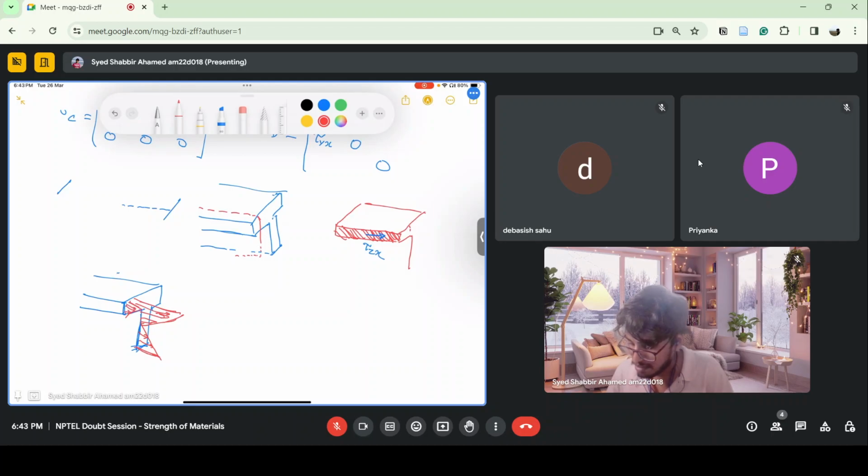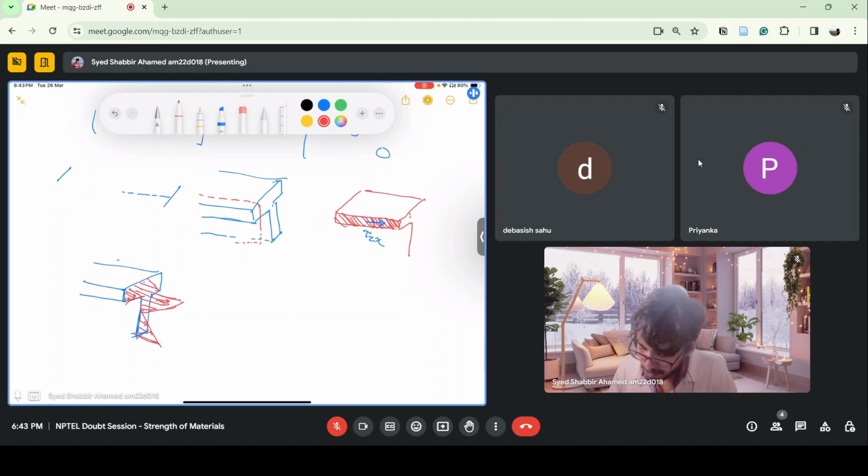But on this part, if I take out only the flange and cut a section, there is a stress distribution something like this, and you can see that there is some imbalance of force.